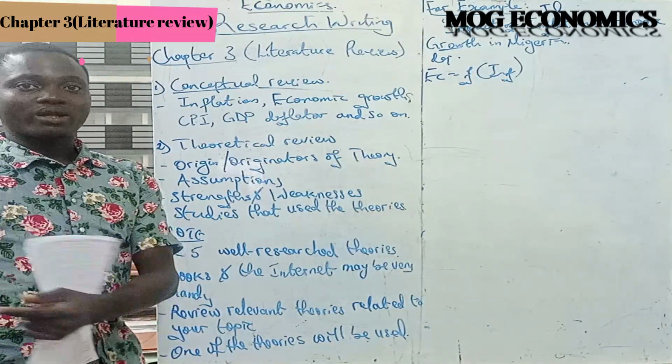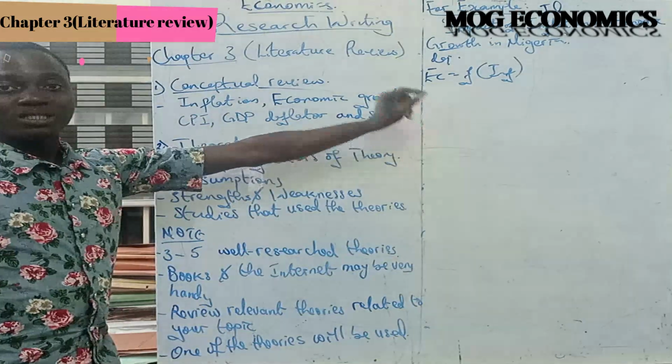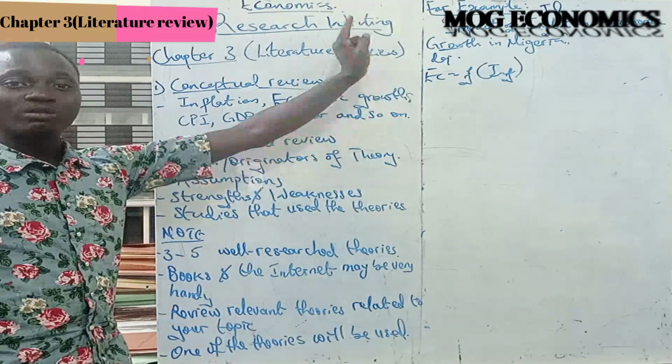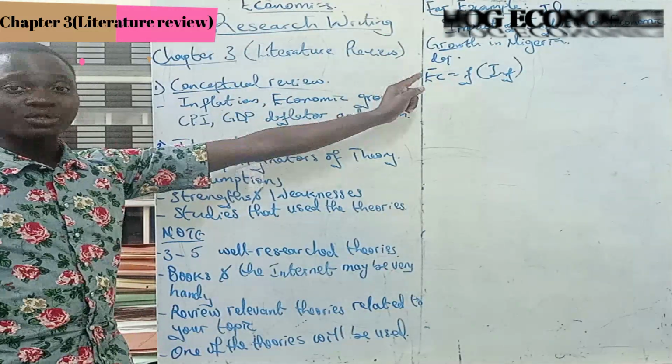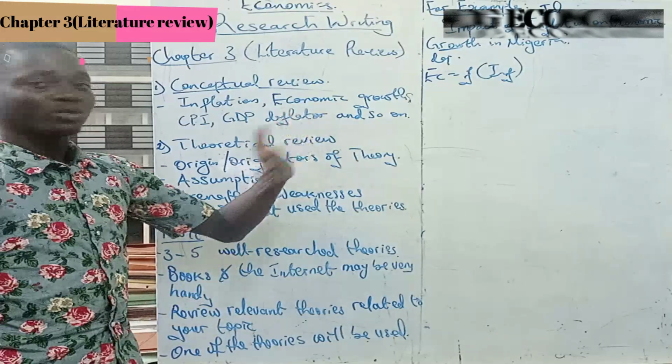Alright, and those factors are what you call your independent variables. So here, because economic growth is a dependent variable, it is what you are trying to look for. So the theories that you are supposed to review here are not theories of inflation, they are theories of economic growth, like economic growth theories. Those are the things that you are supposed to review.